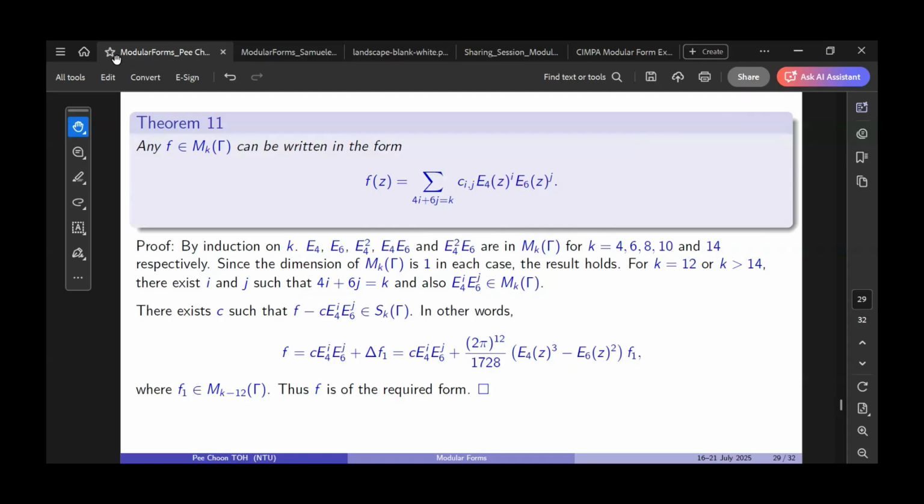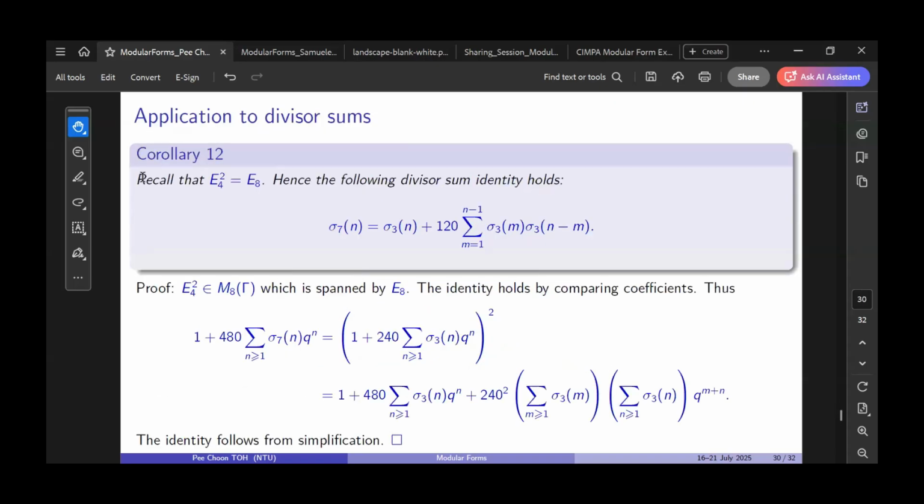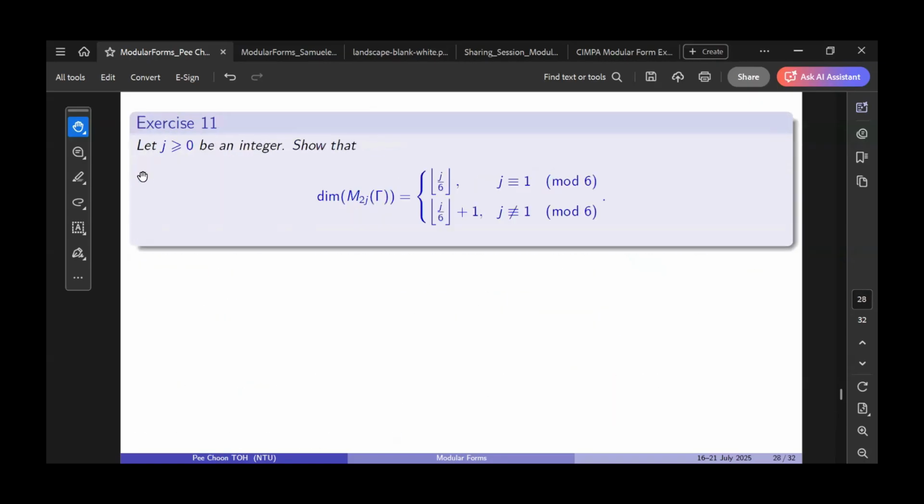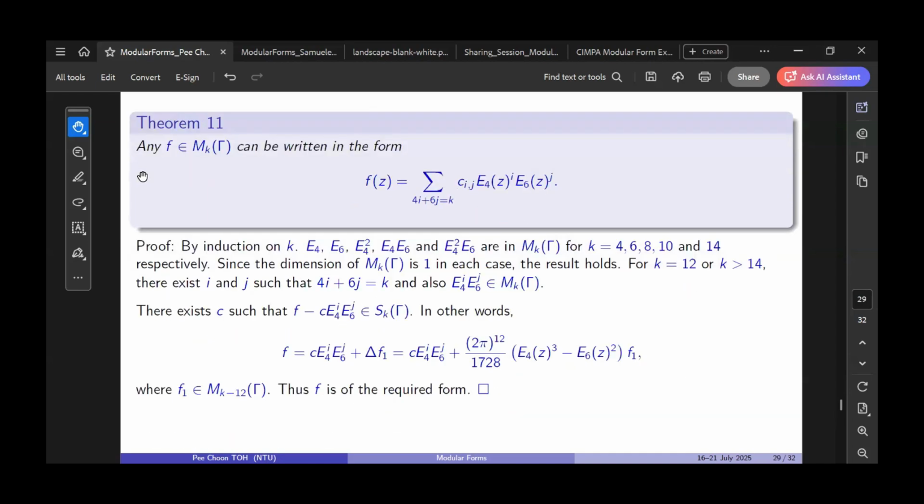So this is just some example. So what is the use of this Eisenstein series? It seems very absurd, right? What is the usage of this?